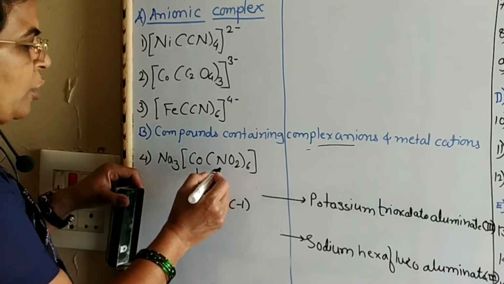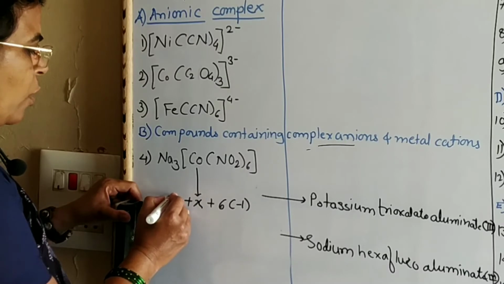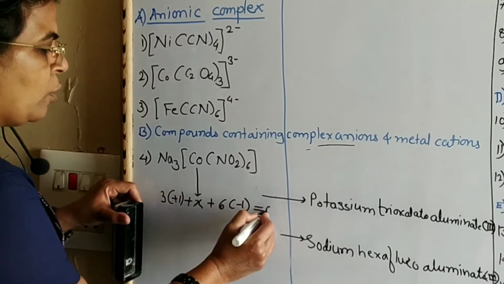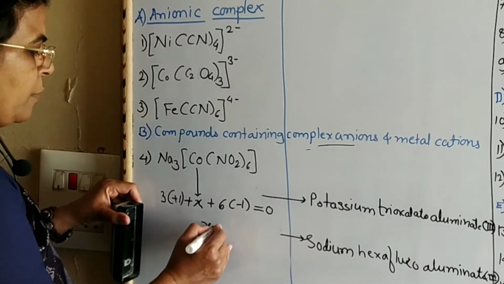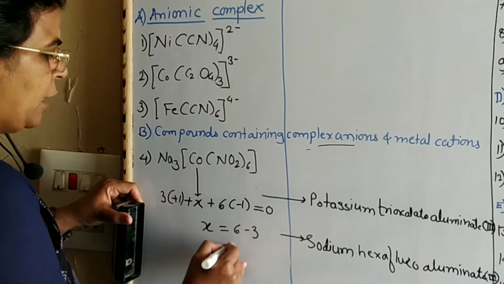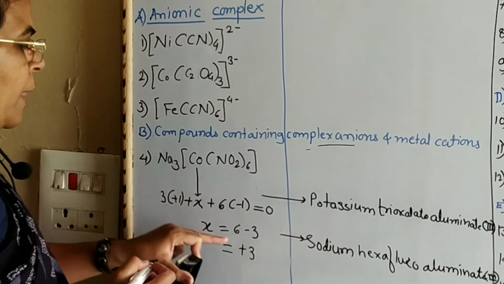There are 3 sodium, with oxidation state +1 multiplied by 3, and the total charge on the complex is 0. Therefore X is equal to 6 minus 3, which is +3. Therefore the oxidation state of cobalt is +3.